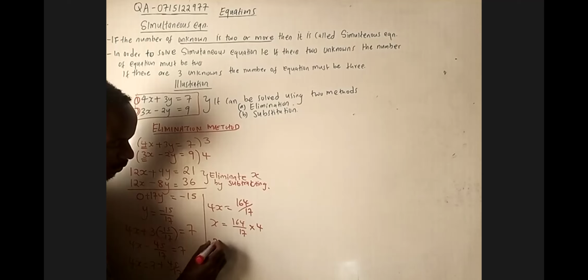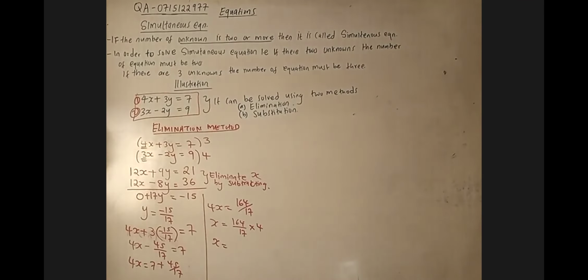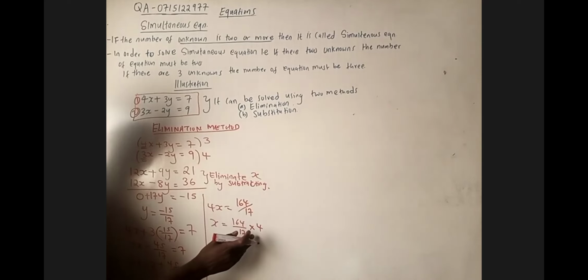Is that one correct? Ama itakuwa hivi? Ama itakuwa ni 1 over 4?